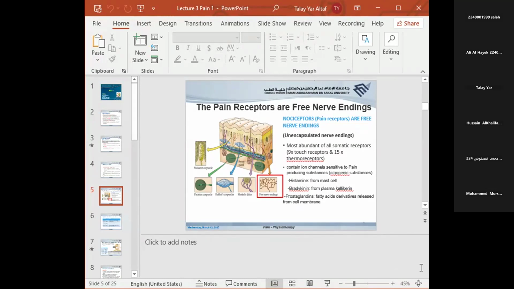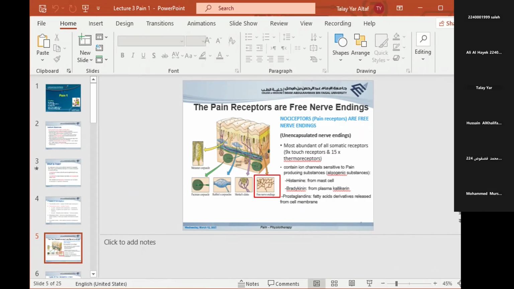But there is a little problem when I switch it on to slideshow. So we can probably just use this one. Are you changing? Do you see slide number 4 or no?